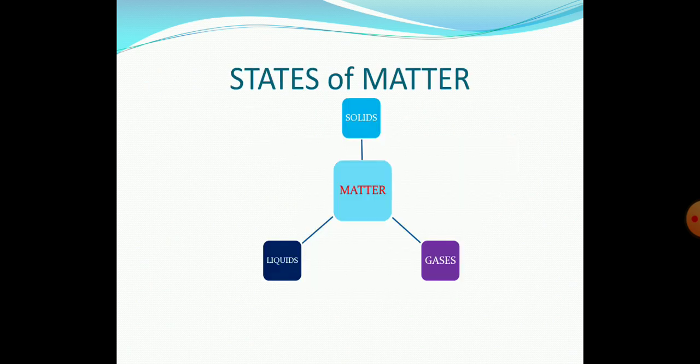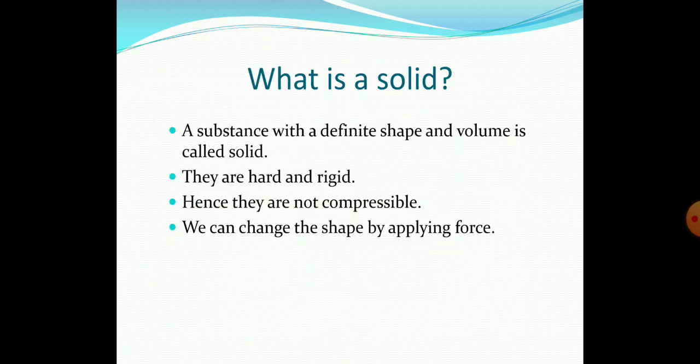Now we already know what the three states of matter are. Now what is a solid? A substance which has a definite shape and volume is called solid. They are hard, rigid, and so they are not compressible. We cannot compress a solid. We can change the shape only by applying force, and the force should be heavy to change its shape.